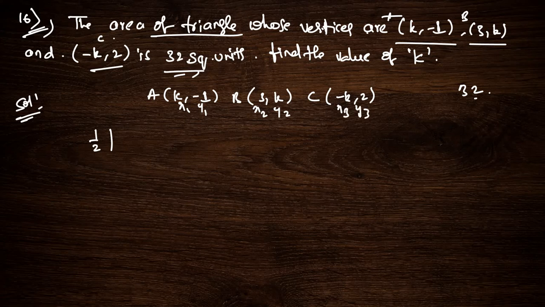So in this, x1 into y2 minus y3, so x1 is k, y2 is k, and y3 is equal to 2.